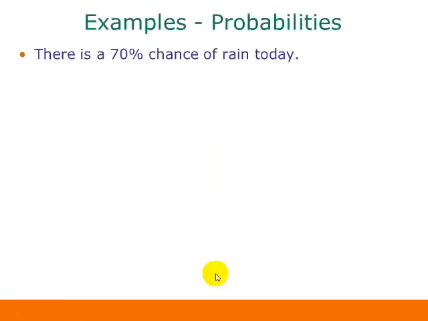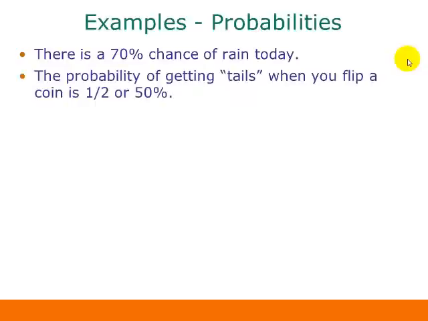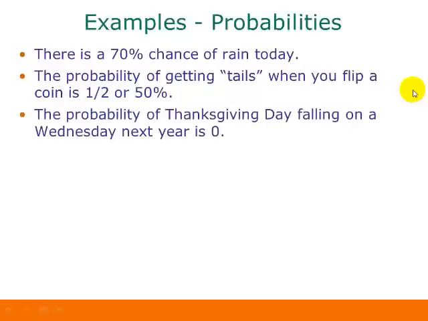Here's some examples of basic probabilities, and these are ones that we might hear about or see a lot. For example, there's a 70% chance of rain today. The probability of getting tails when you flip a coin is 1/2 or 50%, assuming that the coin is fair. The probability of Thanksgiving Day falling on a Wednesday next year is 0.